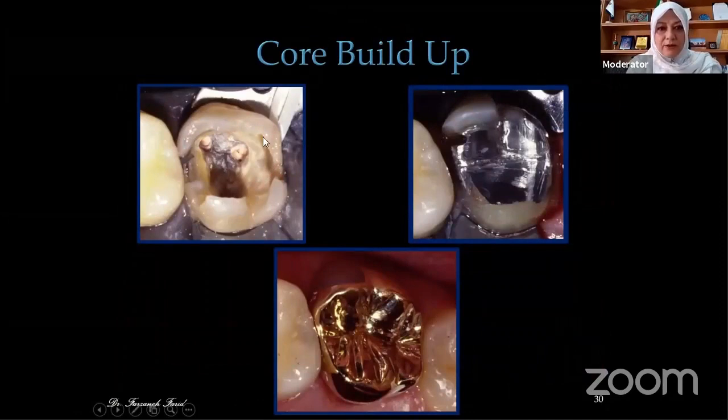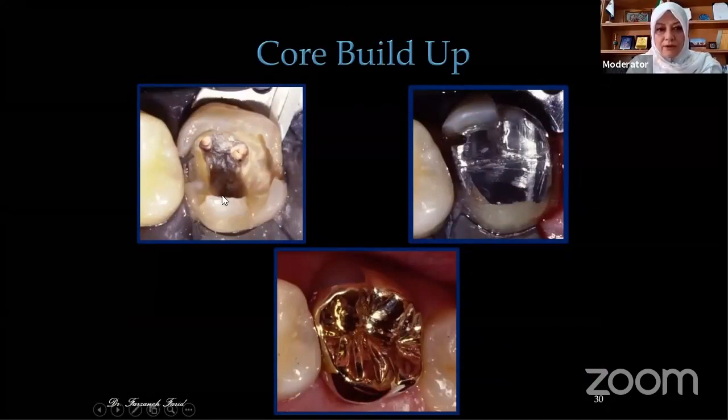We have seen it already. If you have a large cavity on the occlusal side, but you still have walls all around, you can build up the cavity and then put a partial or full coverage crown over the tooth.